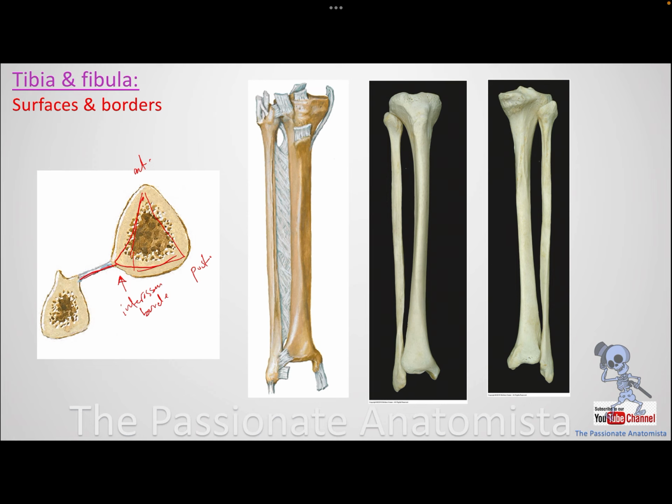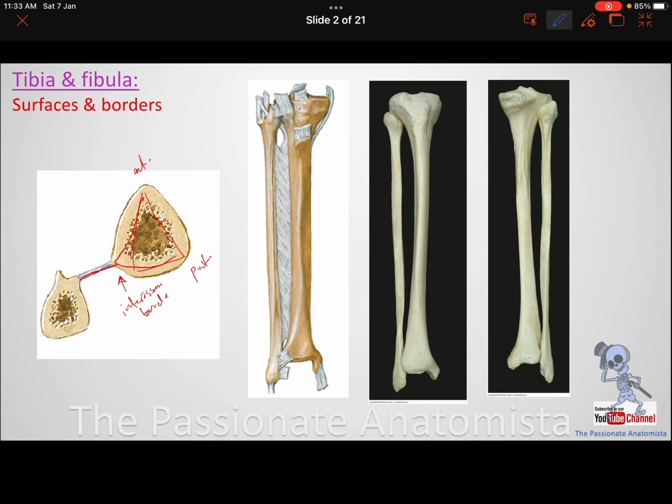The same thing will happen with the fibula. It's triangular in cross section, and it's going to have an interosseous border, an anterior border, and a posterior border. This is going to be the fibula all the way up to down.